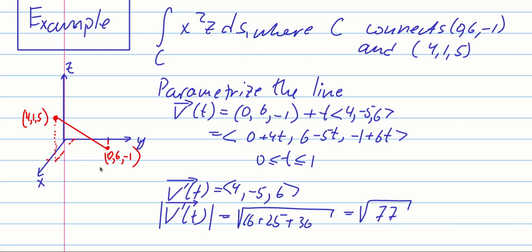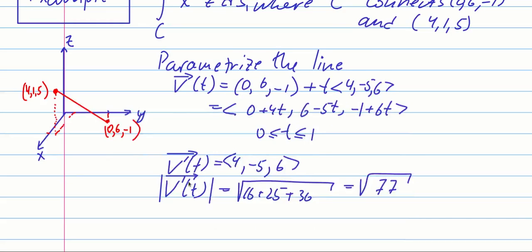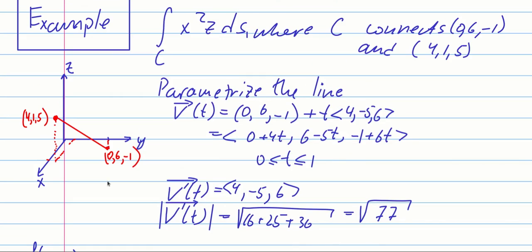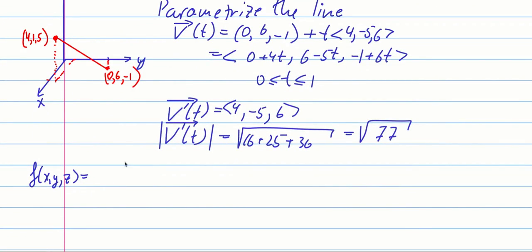Now we need to take our function f, which is x squared z, and try to write it in terms of the parameter t. So we can take f of x, y, and z, which is x squared z, and for x we put this value, this is the x, right?